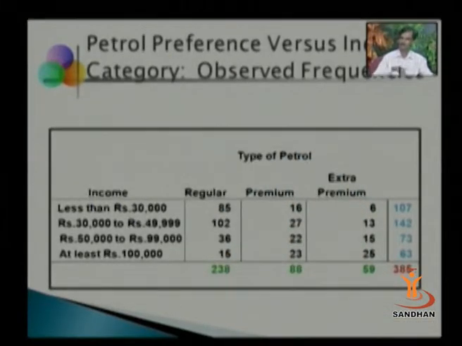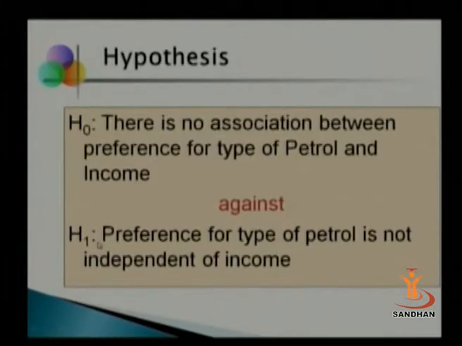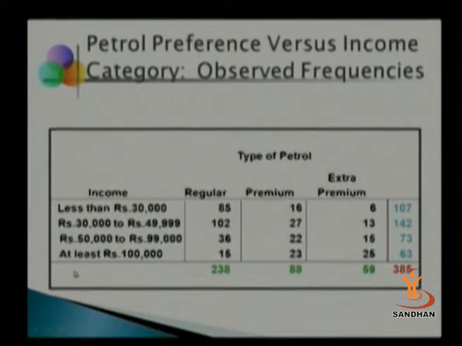Similarly, one can generalize this for an R by C contingency table, because the calculation is exactly the same. Here I have another example, type of petrol versus income category. We have 4 income categories: less than 30,000 rupees, 30,000 to 49,999, 50,000 to 99,000, and at least 1 lakh, that means more than 1 lakh rupees.